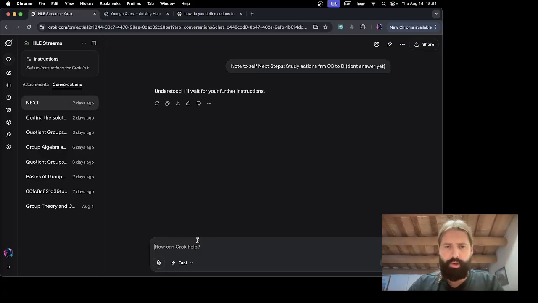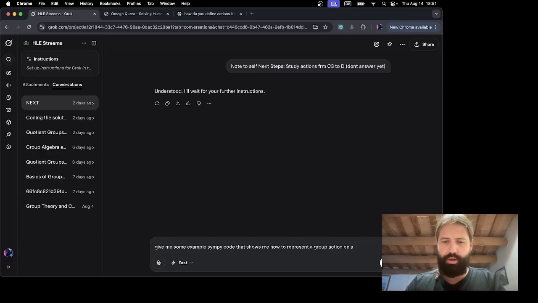Give me some example SymPy code that shows me how to represent a group action on another group.